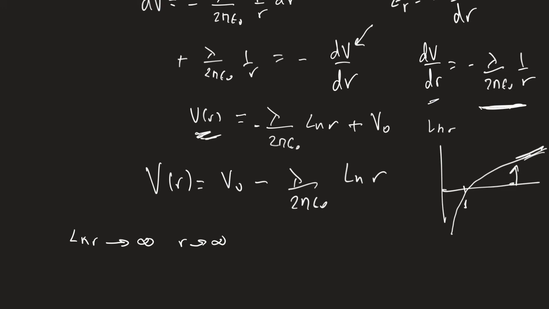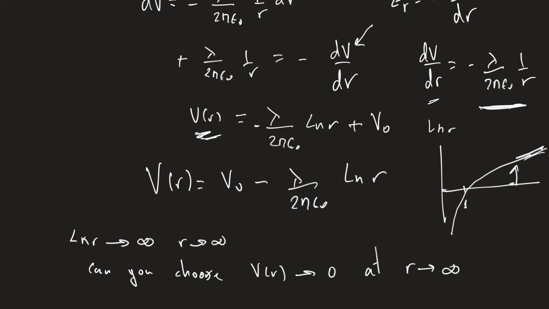So can you choose a point? This is my question. Can you choose V of r to be 0 at r at infinity? Well, it's impossible.